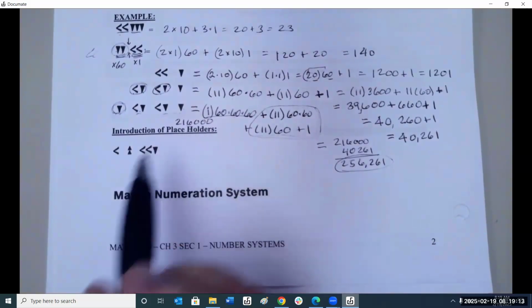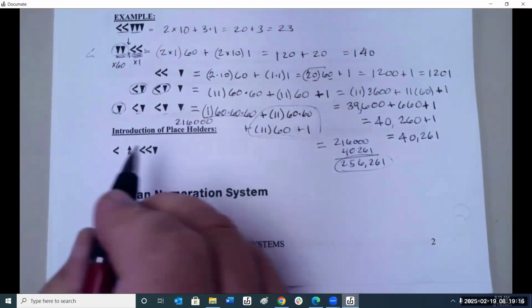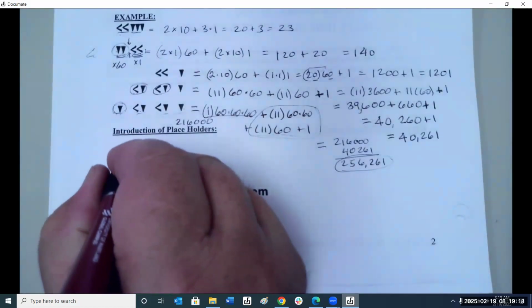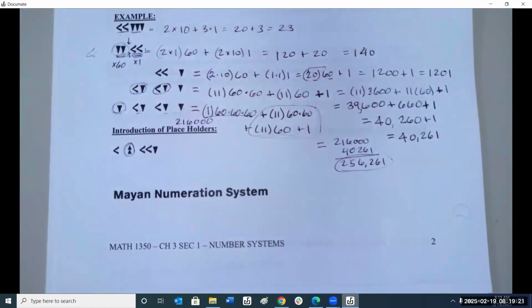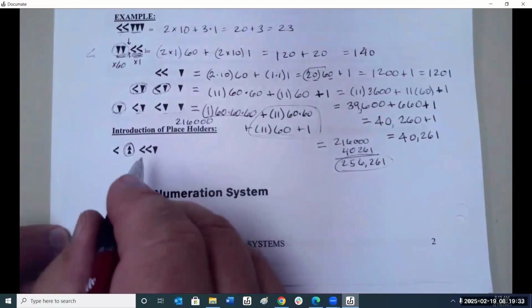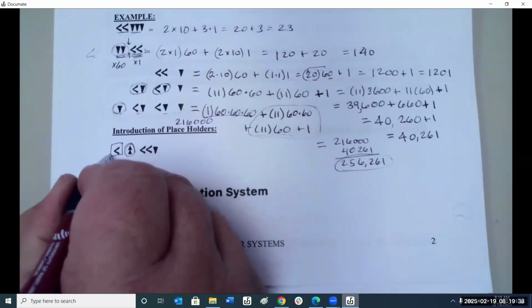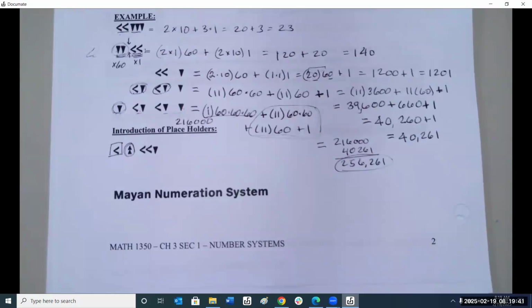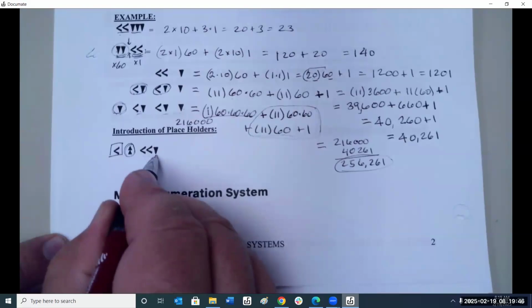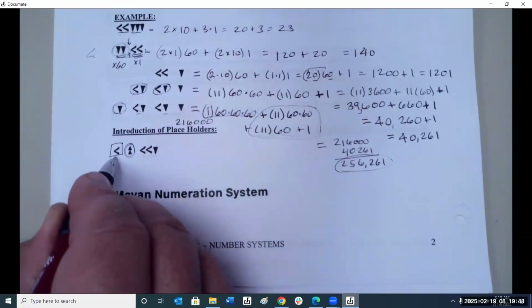Now, the introduction of placeholders. They introduced the placeholder with those two arrows that are pointing up. So what would this number represent? This number is the first, skip this space, and so it's the third location.